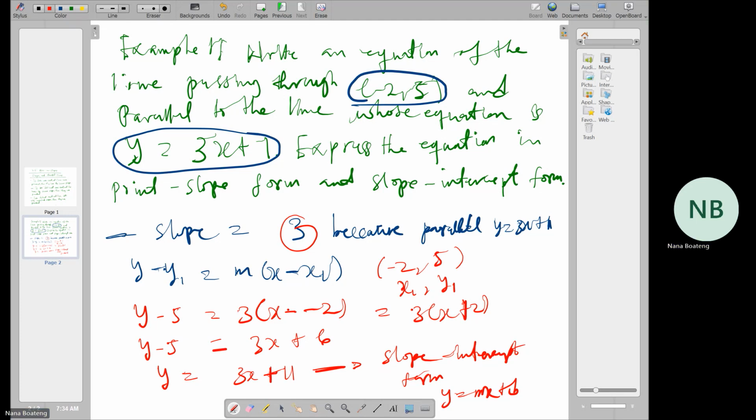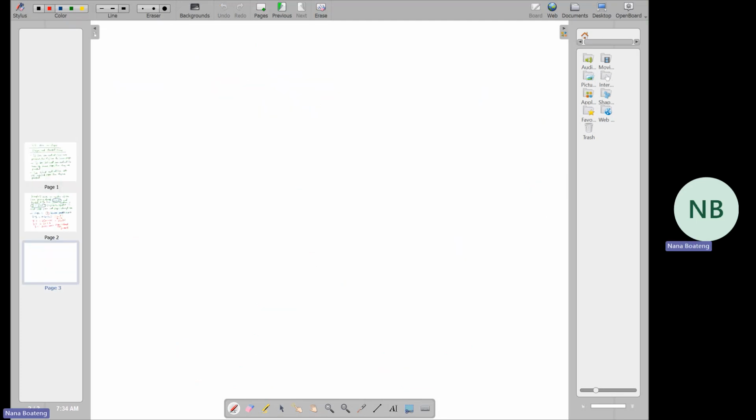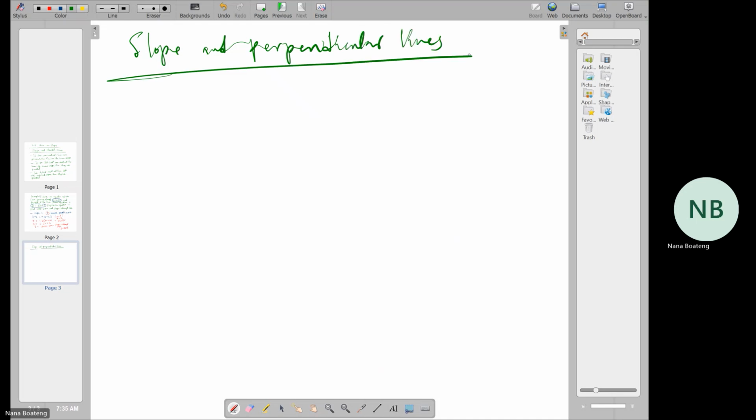Okay, so let's go to the relationship between slope and perpendicular lines.